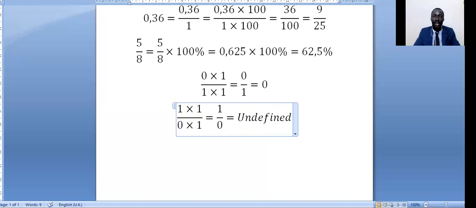If you're using a calculator, 1 divided by nothing would be an error. But the mathematical explanation is that it doesn't have a value. 1 divided by 0 does not have a value. It is not defined. It does not have a definition. In other words, it is an error. You cannot have something and you want to give it to nothing or to nobody.